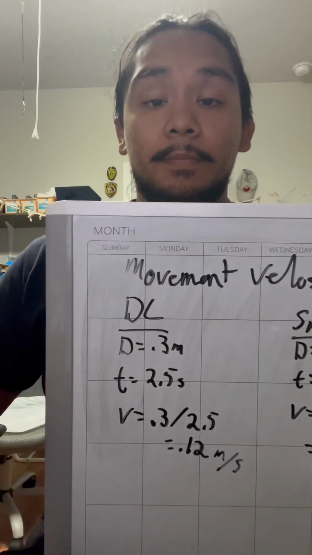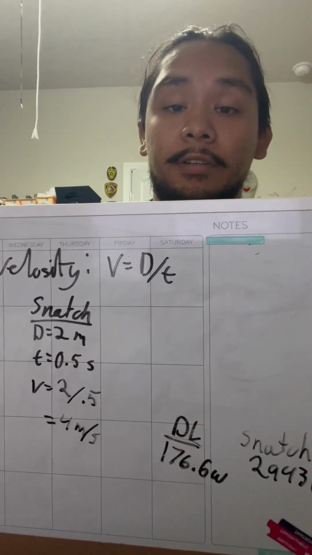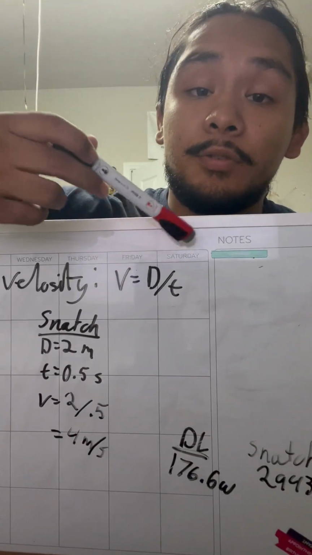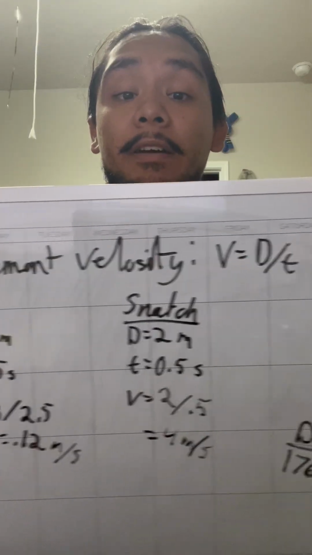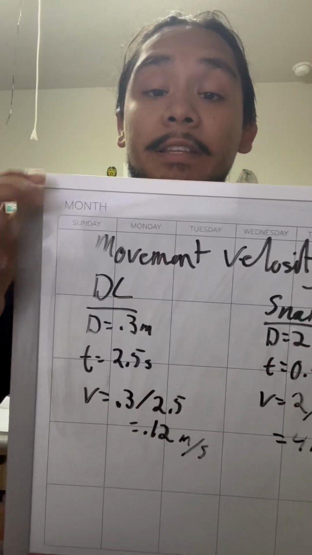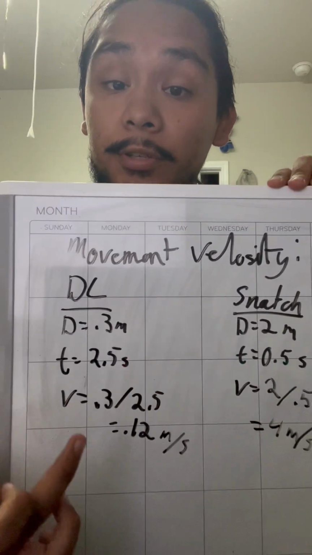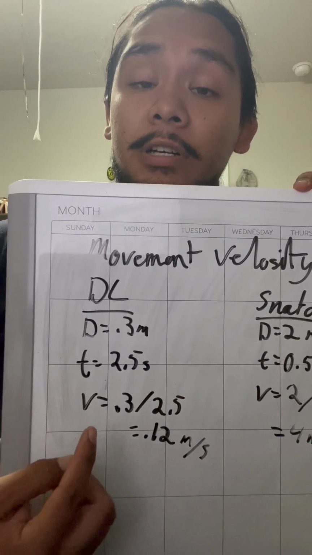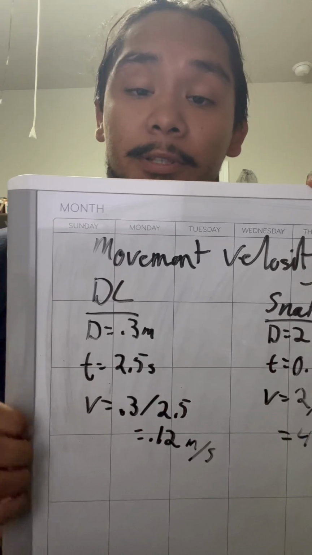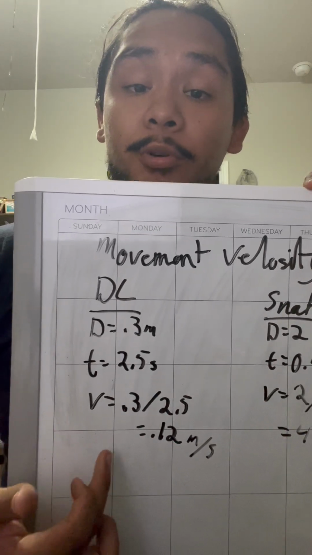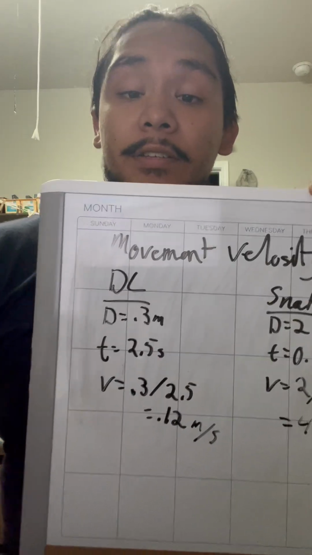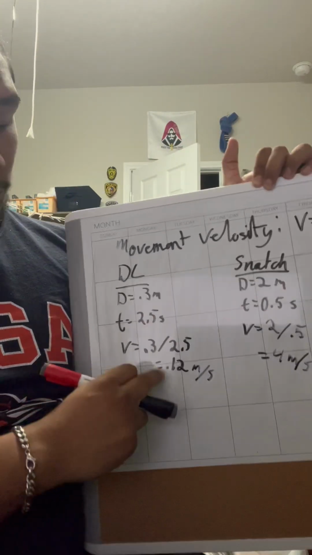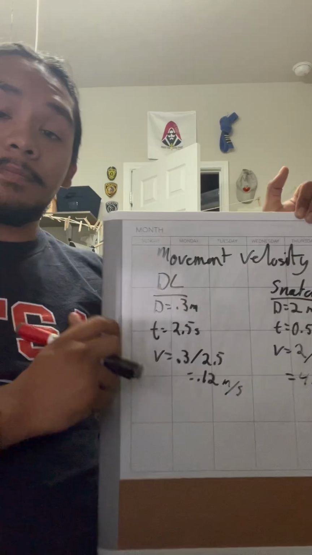Velocity is distance over time. The distance for the deadlift was 0.3 meters, with our time being 2.5 seconds. To find our velocity, we take our 0.3 and divide it by our 2.5 to arrive at a velocity right here of 12 meters per second.